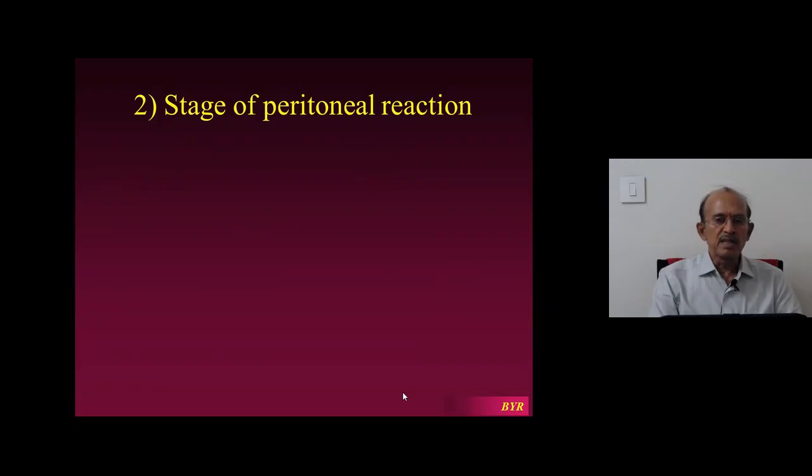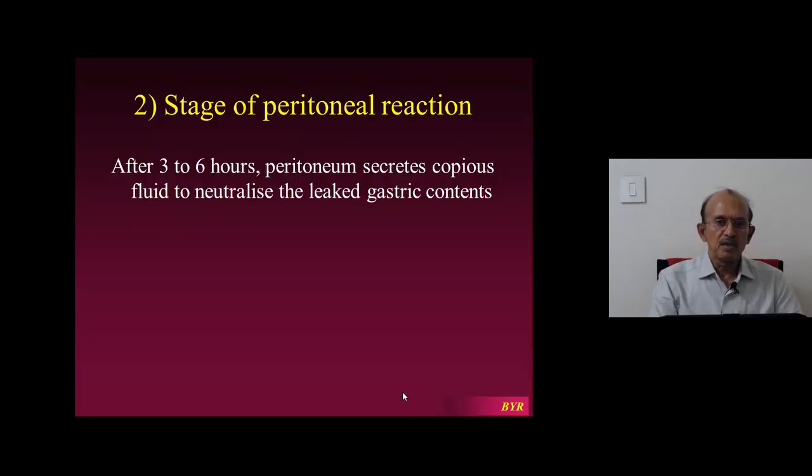So whenever the peritoneum is irritated, what will it do? It secretes fluid, copious fluid. This fluid will neutralize. So after 3 to 6 hours, the peritoneum secretes copious fluid to neutralize the leaky gastric contents. Because the irritants have been diluted, the pain also is diluted.